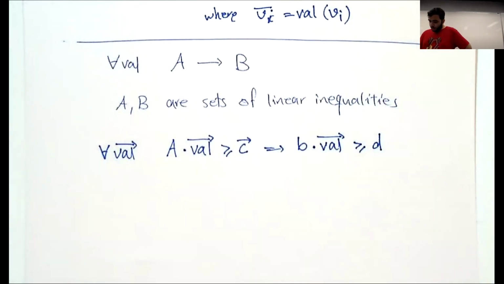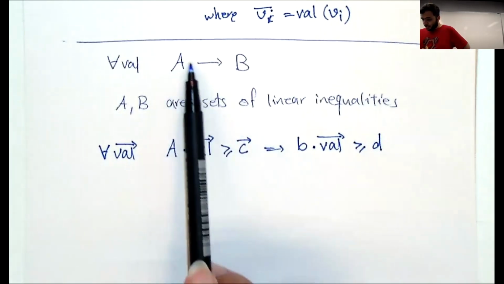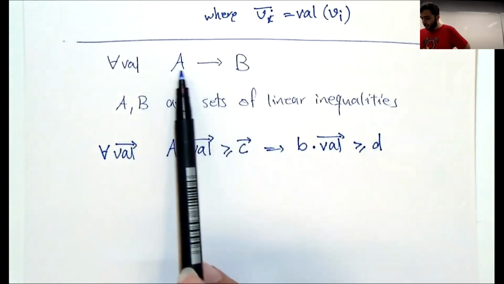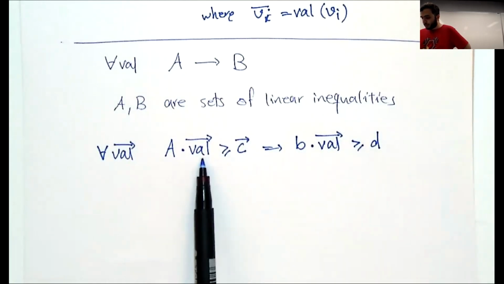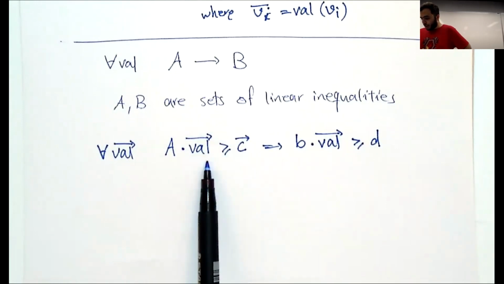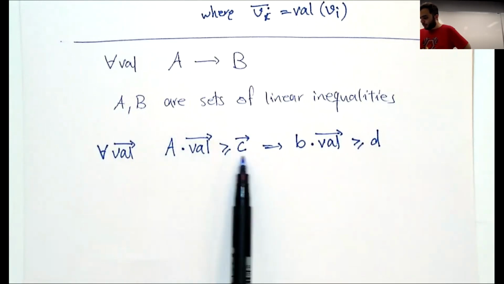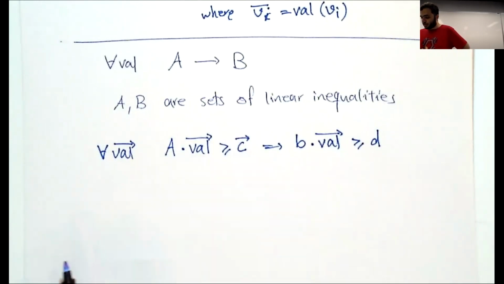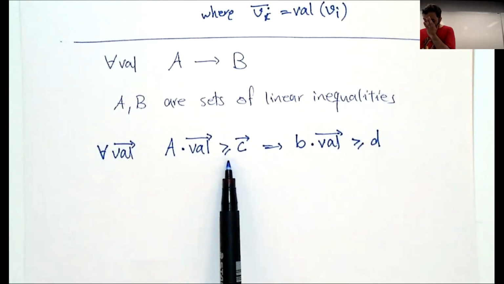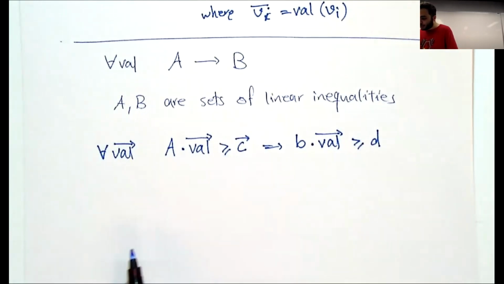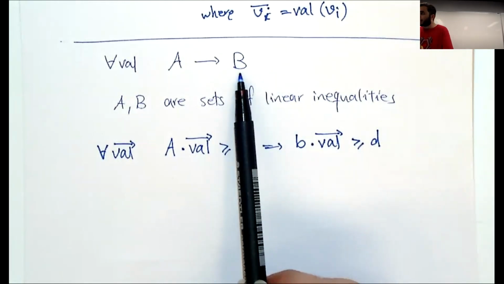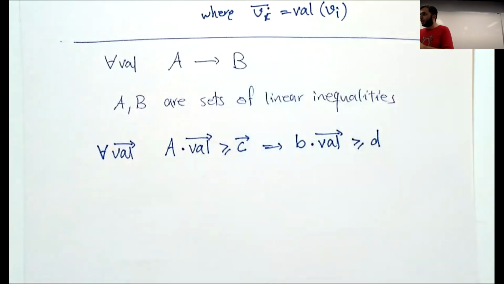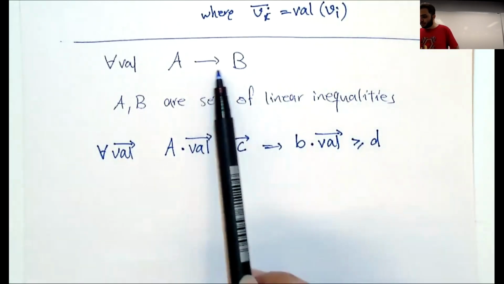Right? So what I'm doing here is that I'm saying this was a set of linear inequalities. So I can write a set of linear inequalities as a matrix times my valuation as a vector. And I can say that these are greater than or equal to some other vector. Right? So this comparison is applied on a component by component basis. And on this other side, if I have more than one linear inequality, I can just write more constraints and make it so that I have only one on the right side of every constraint.